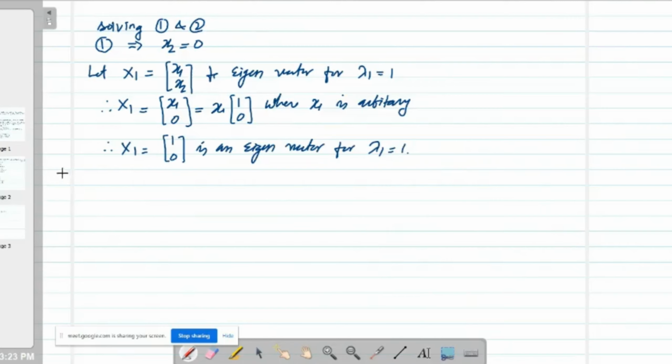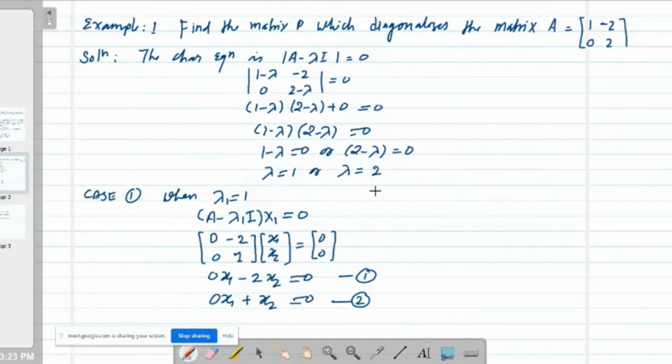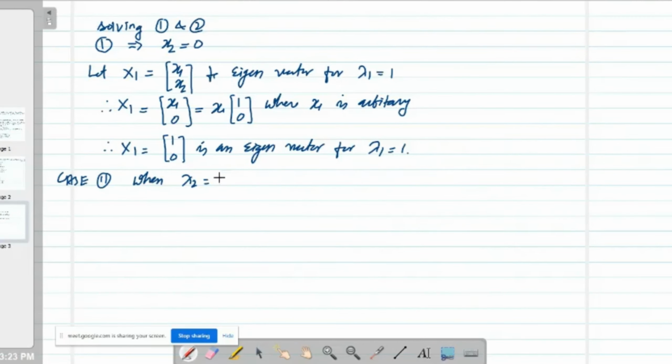Now come to case number 2, when lambda 2 equals how much? Lambda 2 is 2. Then we will have A minus lambda 2 I, times x2, equal to 0.